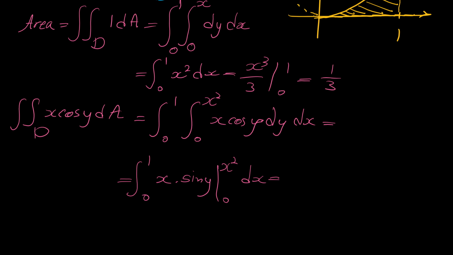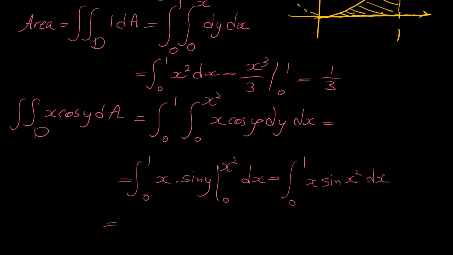If we substitute x to the 2 for y, then we have integral 0 to 1 x sine of x to the 2 dx. If we plug in 0 for y, sine of 0 is 0, so everything is 0, so we don't need to substitute 0.